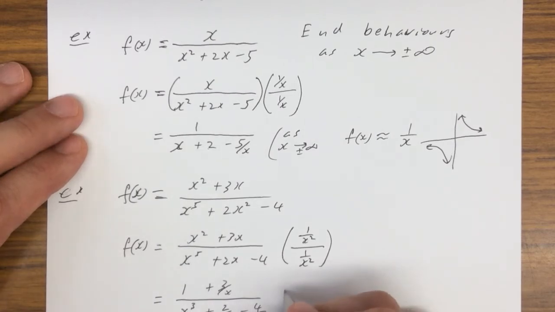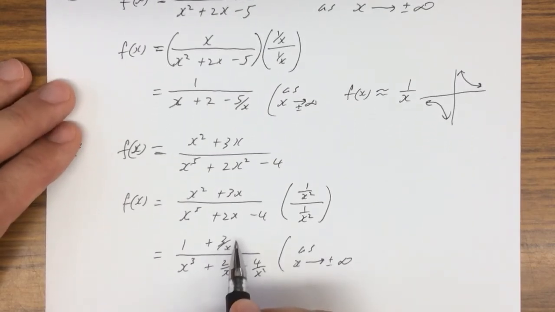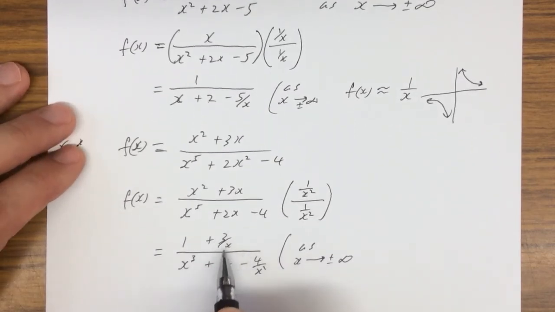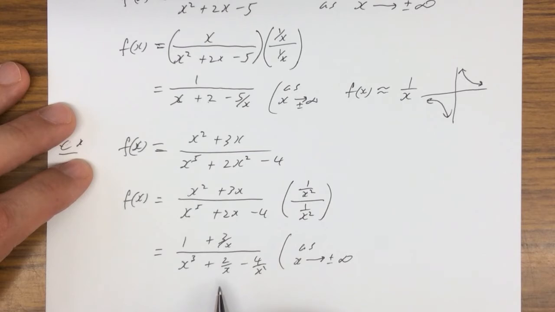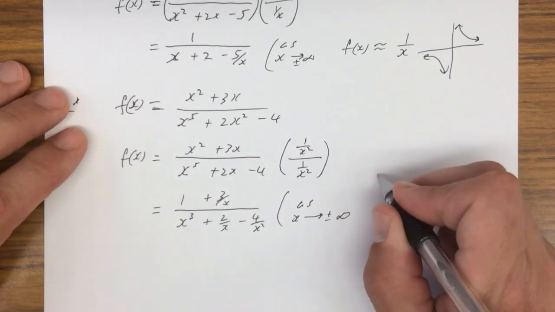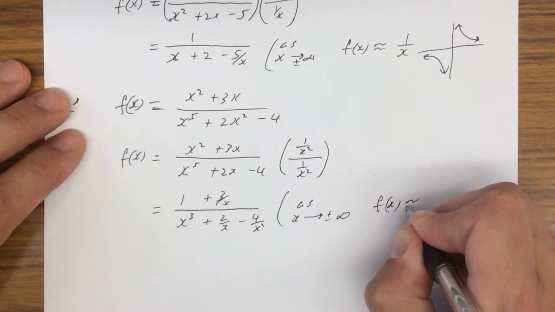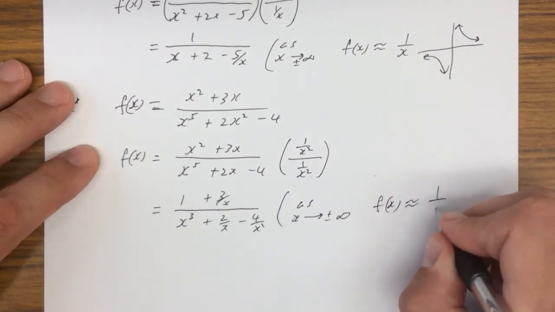And as x goes to plus or minus infinity, the 3 over x is pretty much 0, and the 4 over x squared is pretty much 0. So as x goes to plus or minus infinity, f of x is approximately 1 over x cubed.